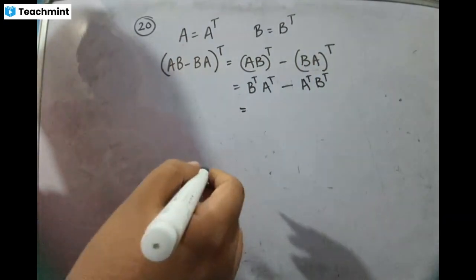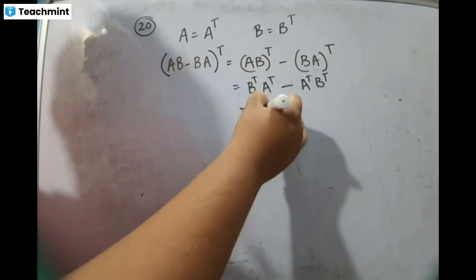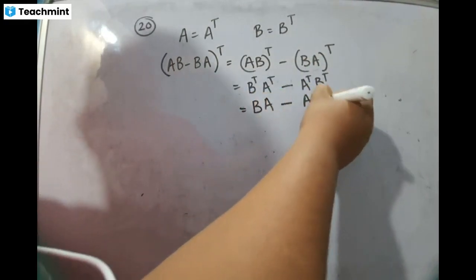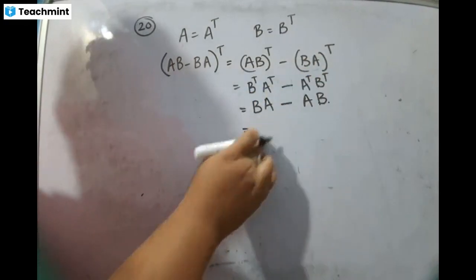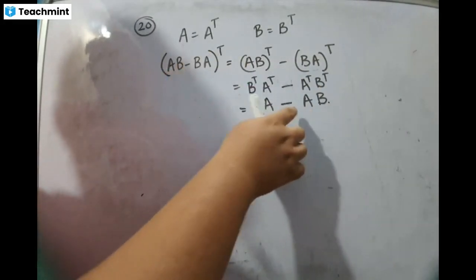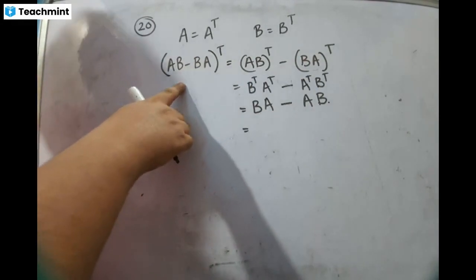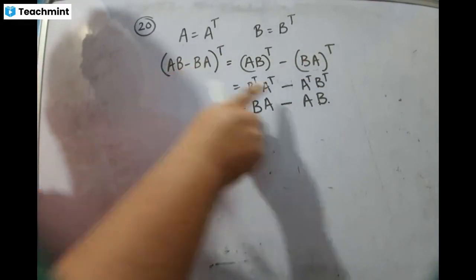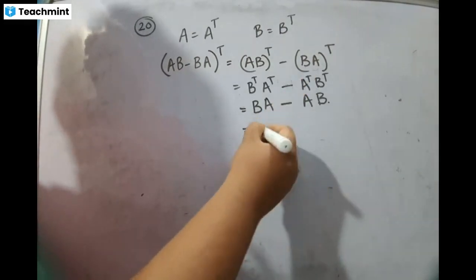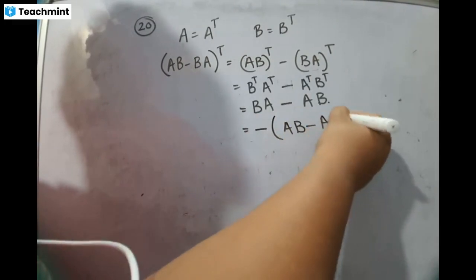Since A and B are symmetric matrices, B transpose is nothing but B and A transpose is A. So the transpose of AB minus BA becomes BA minus AB. I have to make these two matrices the same to check whether it's symmetric or not. AB is the first element, but it is the second element here.